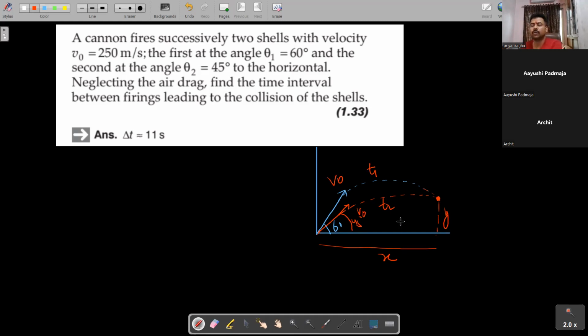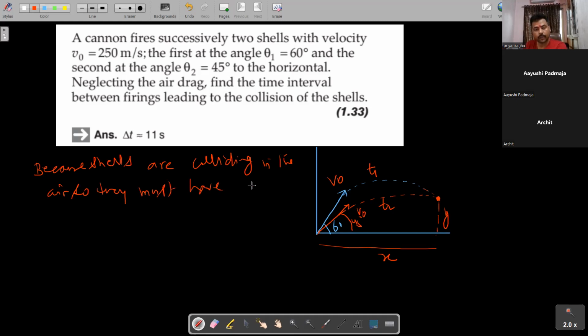We can see there are two things that we can use. Because the shells are colliding in the air, they must have their x and y displacement the same, right?